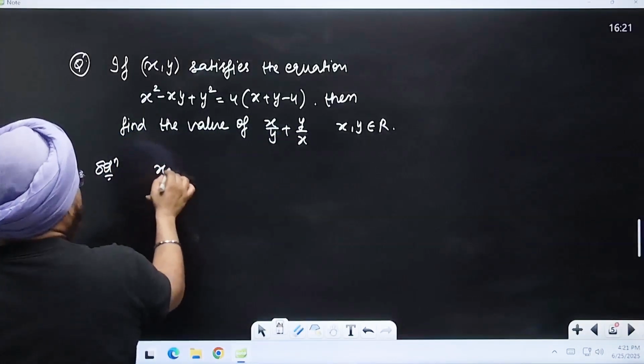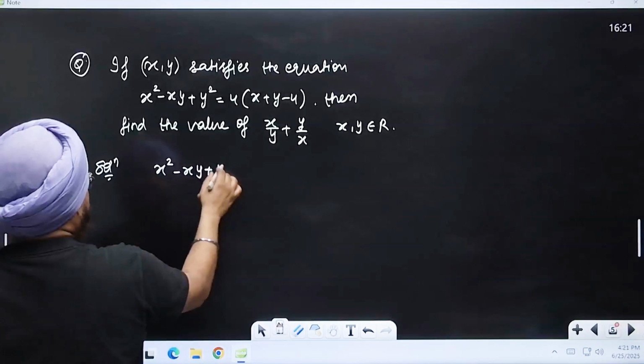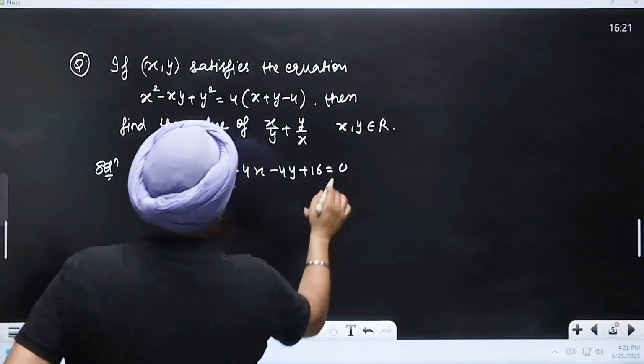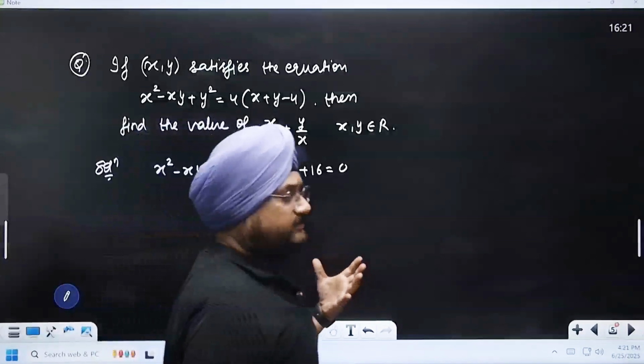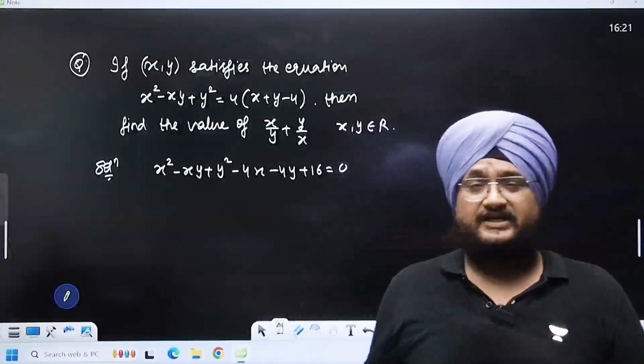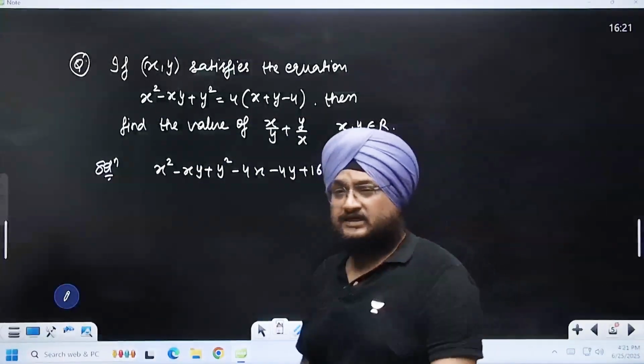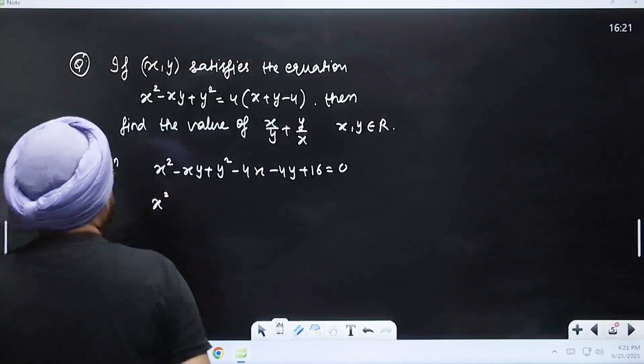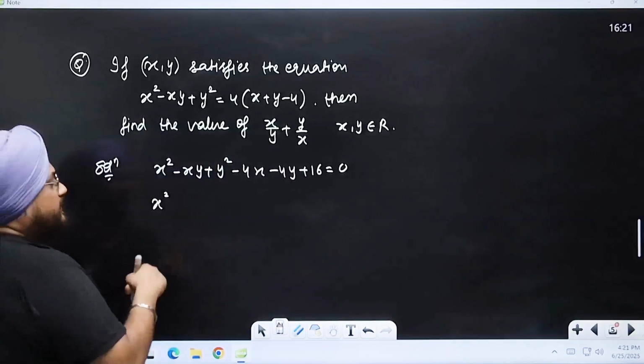So the expression is a quadratic in either x or in y. We can consider it as a quadratic equation either in x or in y. So I am making it a quadratic in x.